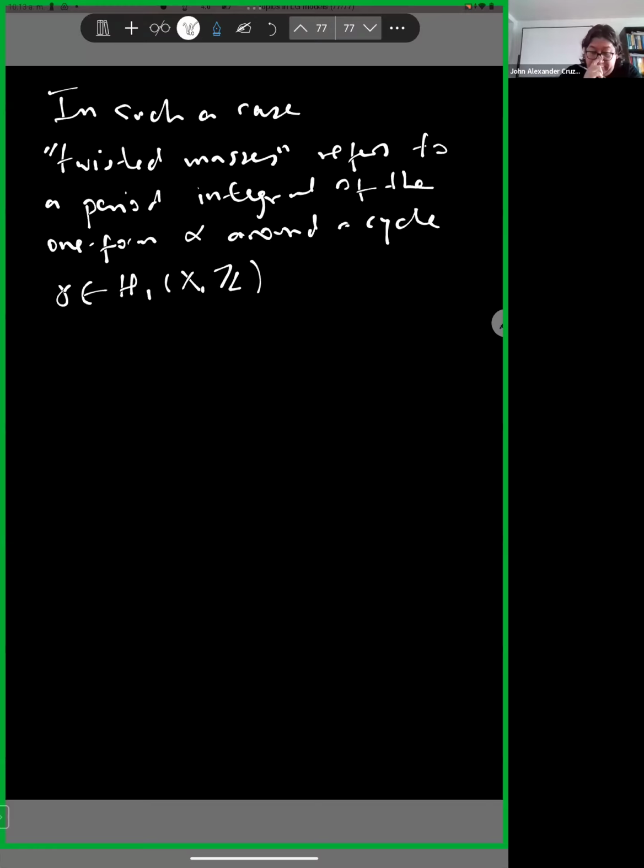Good. So in general, the general setting is okay. We can have this closed one form, and then you can compute these periods, and that will be the twisted masses, right?